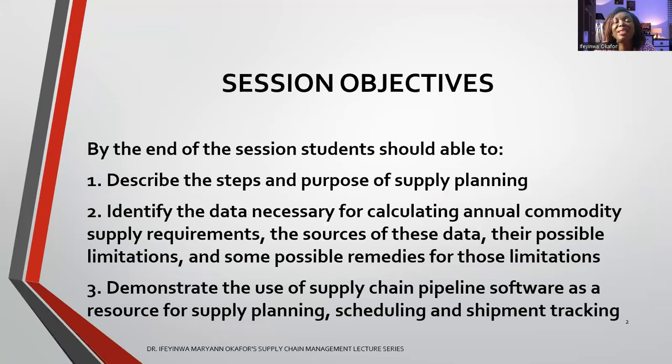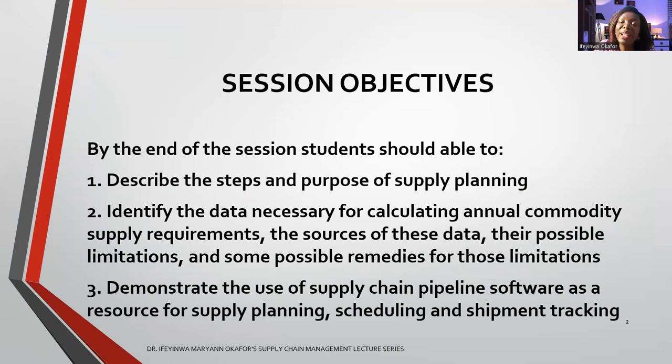Section objectives. It is expected that at the end of this class, you should be able to describe the steps that are involved in supply planning and also the purpose of supply planning.